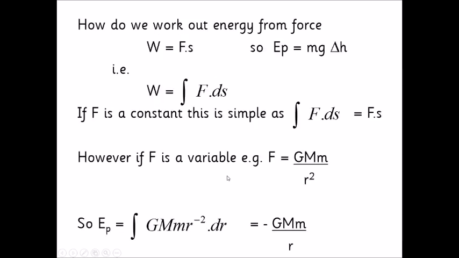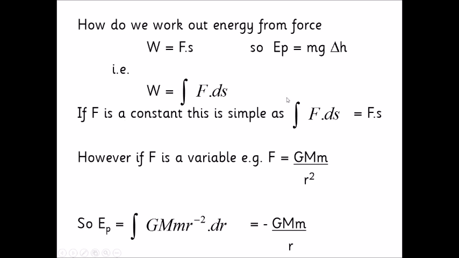Okay, there is a little bit of calculus on this, so a third sort of way of looking at it, if you like. Remember, work equals force times distance. Well, potential energy, mg delta h, is really the same equation because the force that you're using to lift something is mg, and delta h is the distance you're moving it. We can rewrite this now, if we've got a variable force, as the integral of f ds.